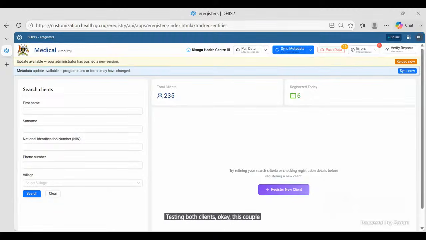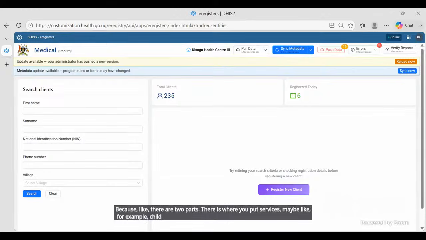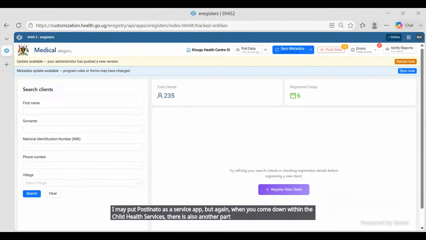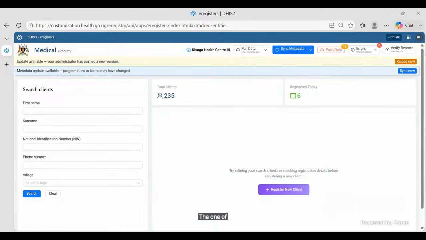Then the other thing is about postnatal, because there are 2 parts. There is where you put services, for example, child health services. I may put postnatal as a service up, but again, when you come down within the child health services, there is also another part for postnatal. So I'm really wondering which one exactly should we use? The one of the services up or the one within the child health services? Thank you.